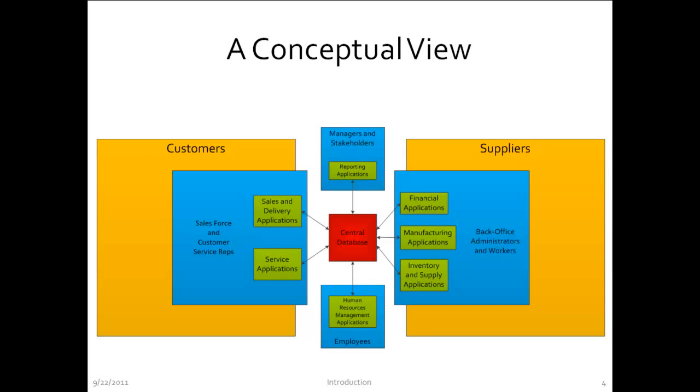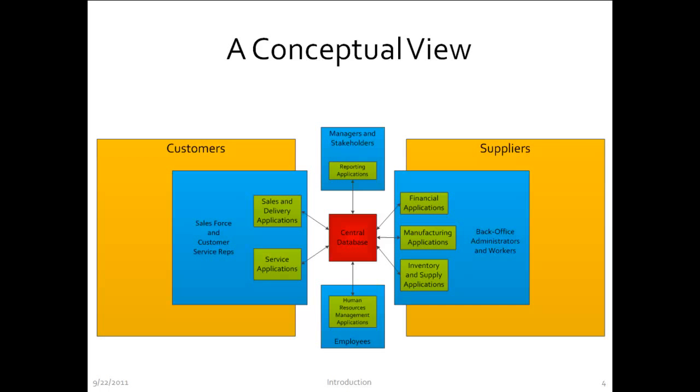Ultimately, all these applications serve some aspect of the company, so there's really a connection or a relationship among these applications as well. This relationship might typically be of two kinds. The first kind is around shared data. One application, such as the sales and delivery application, will have a notion of a customer.